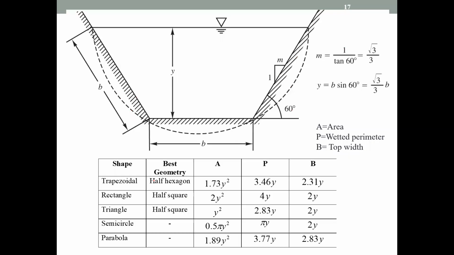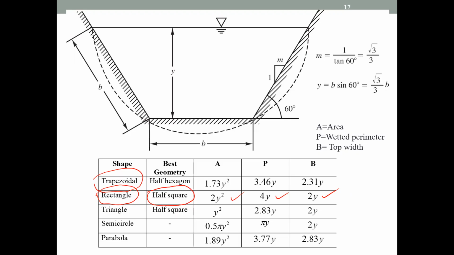What I discussed is for a trapezoidal section. I need you to practice the same for a rectangle. It is much easier; trapezoidal is the complicated one. For the rectangle, I hope you get these answers. And you need to prove that the best rectangular section is a half square.